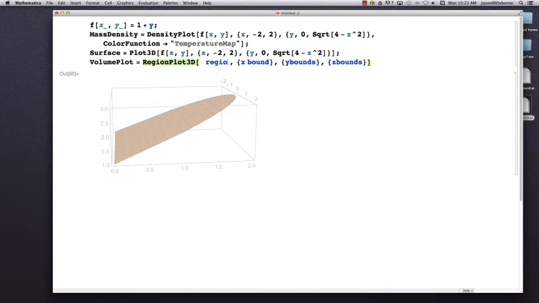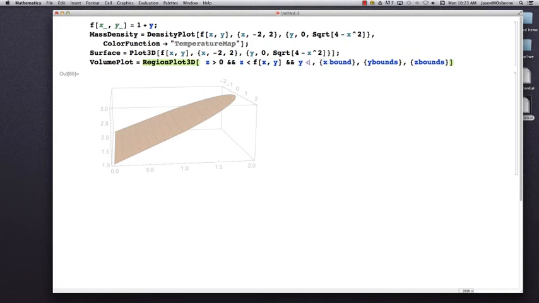So for the region description, we want our z values to be bigger than 0, and below the function. We had our function defined above, so I want the z values above 0 but below the function. Now we're going to describe the region D itself.